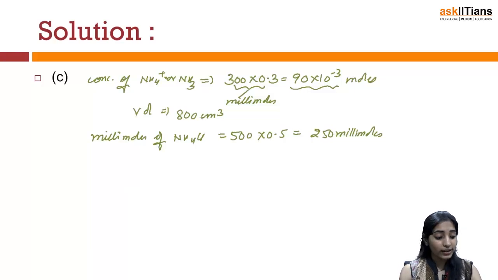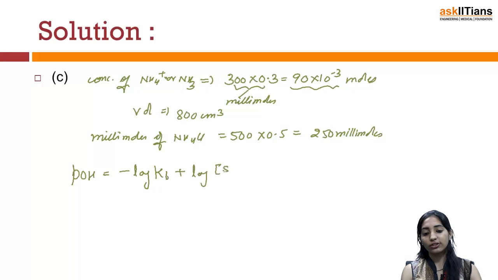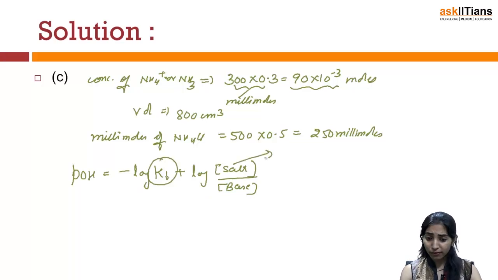Now since we have already told that this is the case of a weak base and the corresponding salt of the weak base with a strong acid, I can very easily use the formula as pOH will be minus log of Kb plus log of concentration of salt divided by the concentration of base. If I put the values, we know the value of Kb which has been given in the question. We know the final concentration of salt, which is 250 millimoles divided by 800 centimeter cubes.